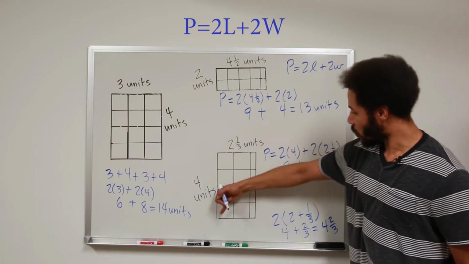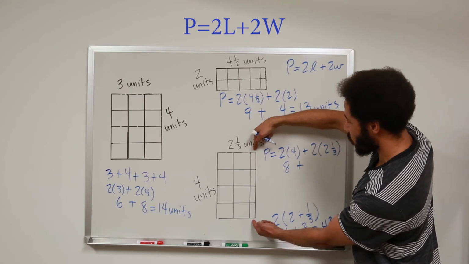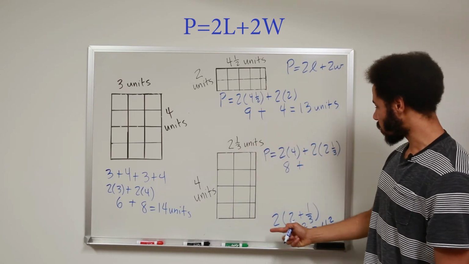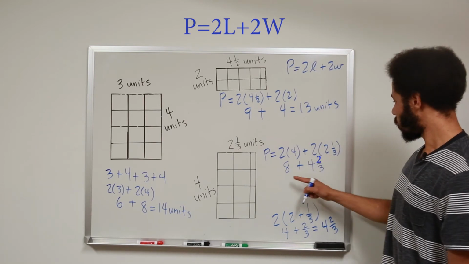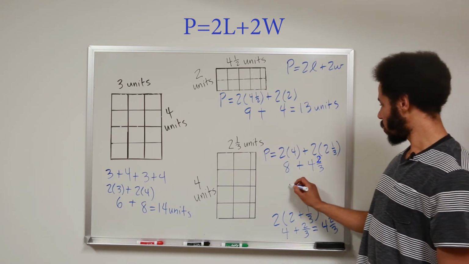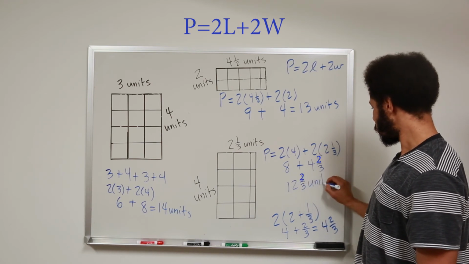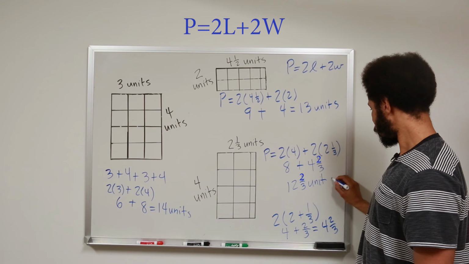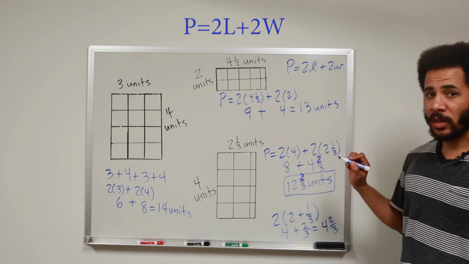So 2 plus 2, you see the 4 units here. 1/3 plus another third makes 2/3. And then you have the 8 units on the side here. Clearly I made a little mistake here. This should be 4 2/3, not 4 1/3. 8 plus 4 2/3 is going to give us 12 2/3 units, not 12 1/3 units. Not square units, just regular one-dimensional units.